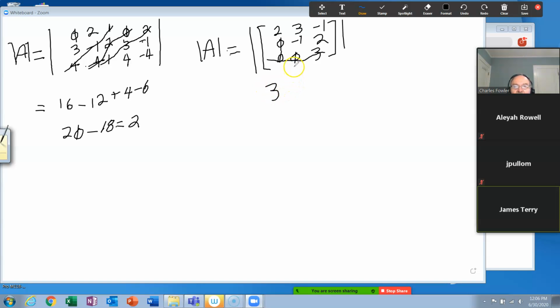And then we'll wipe out that row and column. I already wiped out the row. We'll wipe out the column. And then you do the determinant here. And that determinant would be 2, 3, 0, -1. That's the minor. And what's its determinant? -2. How did you get that?